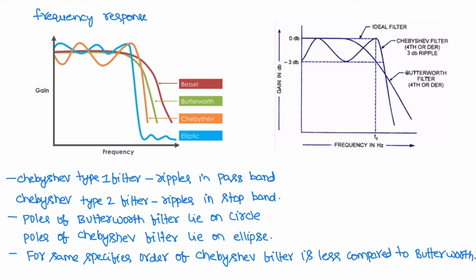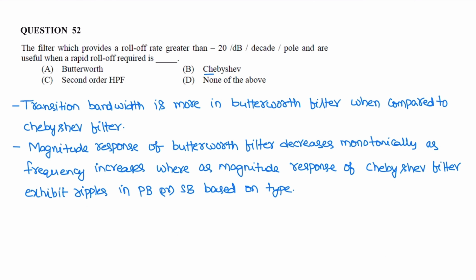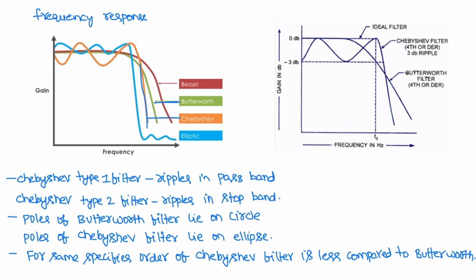For the Butterworth filter, the transition roll off is not sharp, whereas for the Chebyshev filter it is much faster and steeper. The magnitude response of the Butterworth filter decreases monotonically as frequency increases, whereas the Chebyshev filter exhibits ripples in the pass band or stop band based on the type of filter. If it is a type 1 filter, it shows ripples in the pass band. If it is a type 2 filter, it exhibits ripples in the stop band.